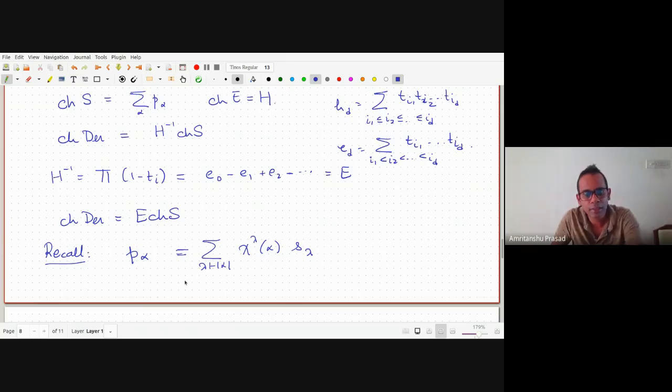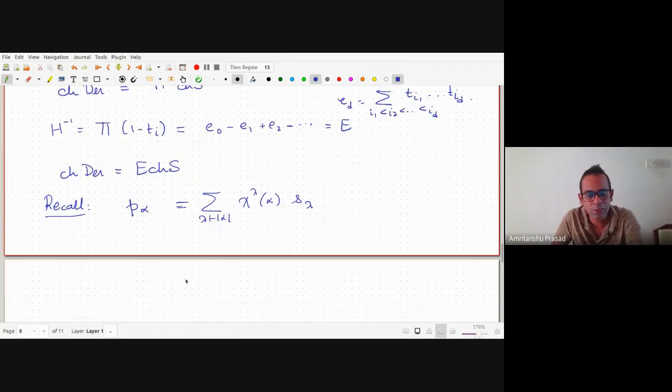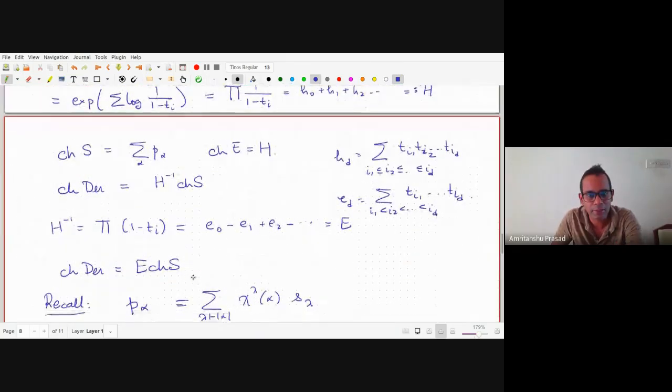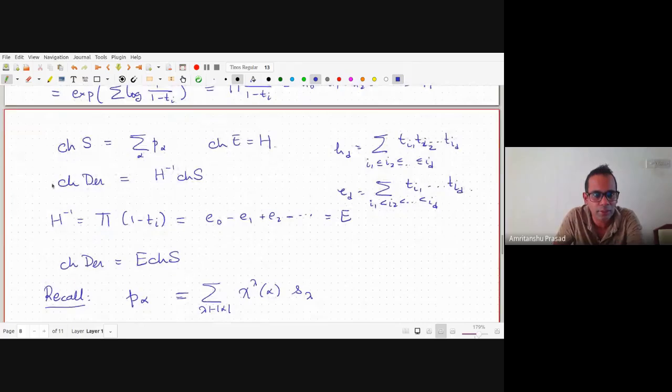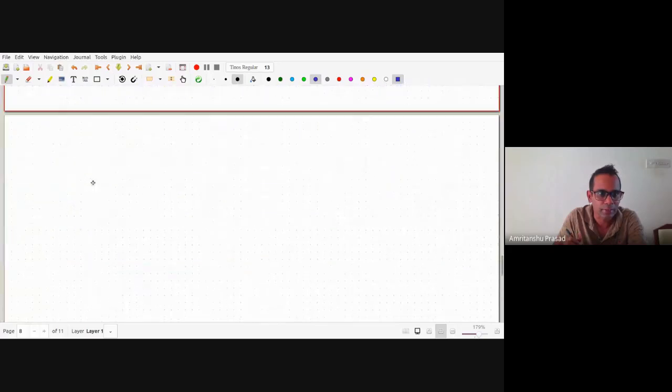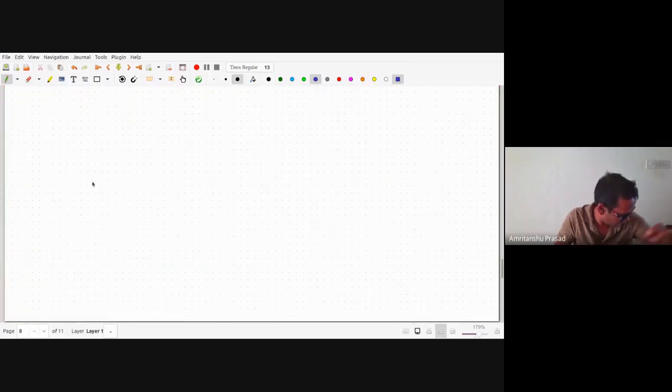Now, last time we had got some positivity. Because this thing is a true representation, when we compute its Frobenius characteristic and take its Schur expansion, it has to be Schur positive. So let's see what that condition gives. Let's just compute this.